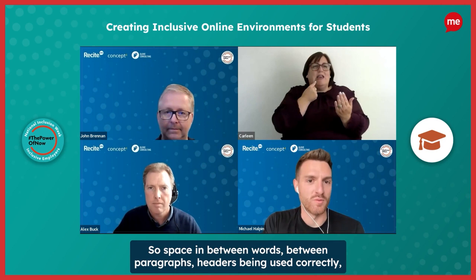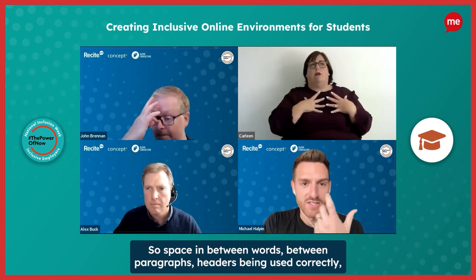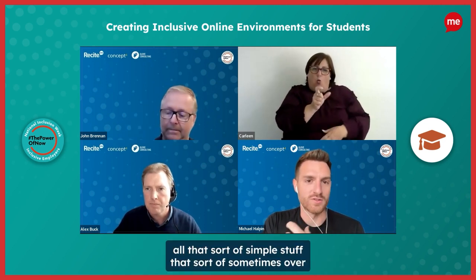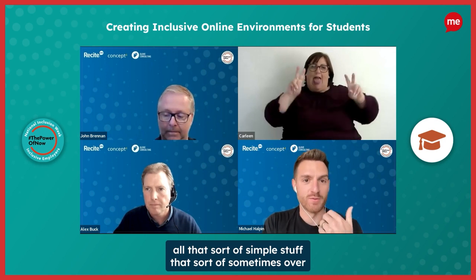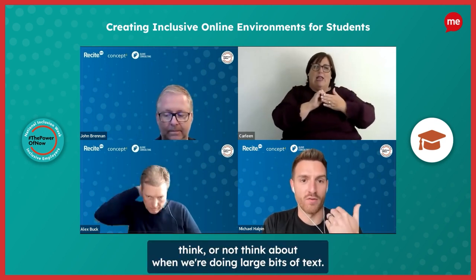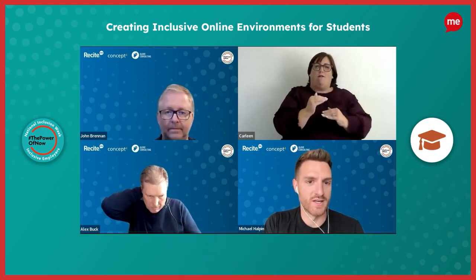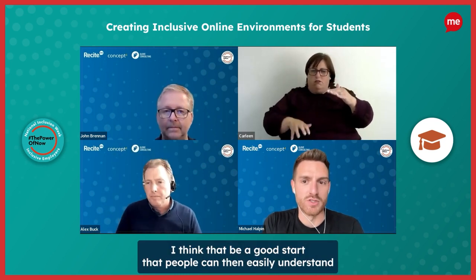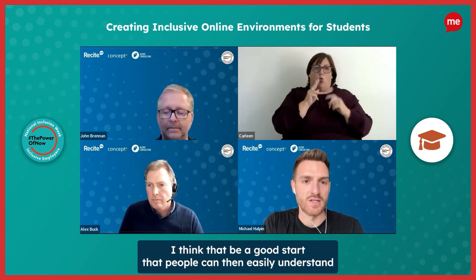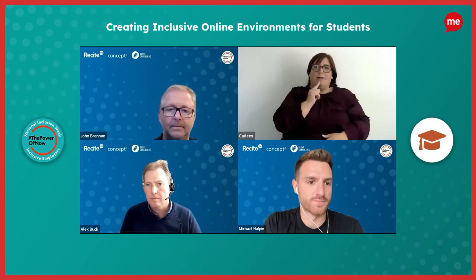So space in between words, between paragraphs, headers being used correctly, all that sort of simple stuff that we sometimes overthink or not think about when we're doing large bits of text. So just how is your information displayed? I think that would be a good start so that people can then easily understand that information.